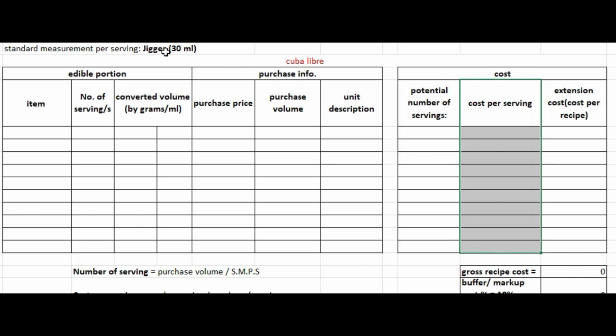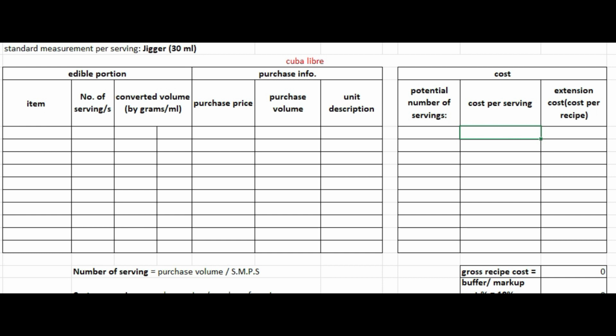This is also another advantage of this costing, because if you are in a bar operation business, there are some customers that will instruct you to create their own version of that particular recipe or for that particular drink.